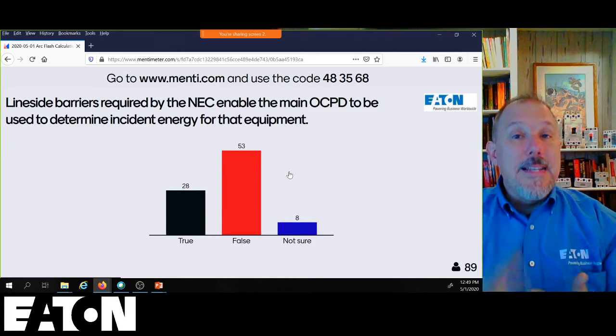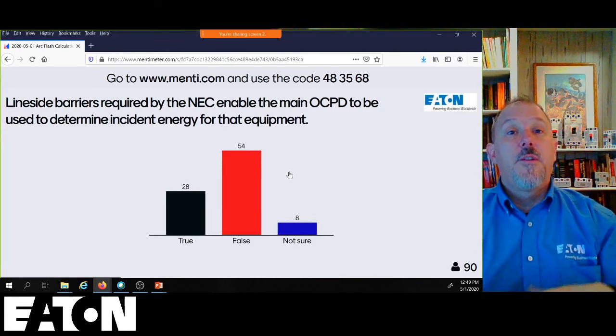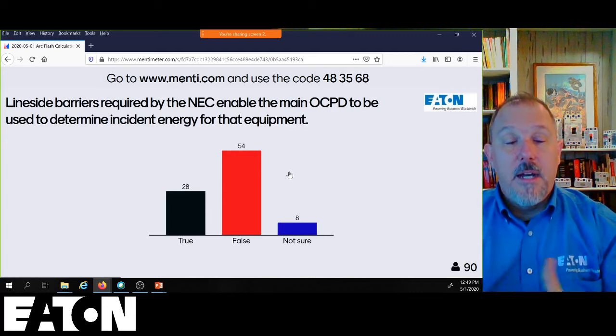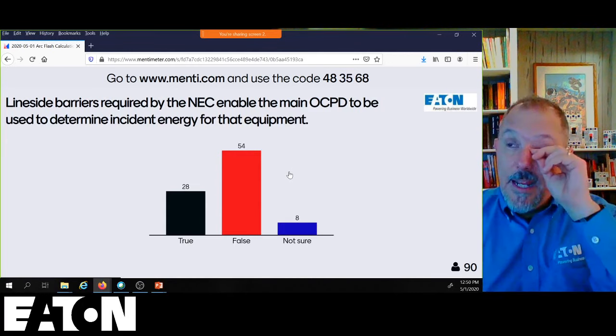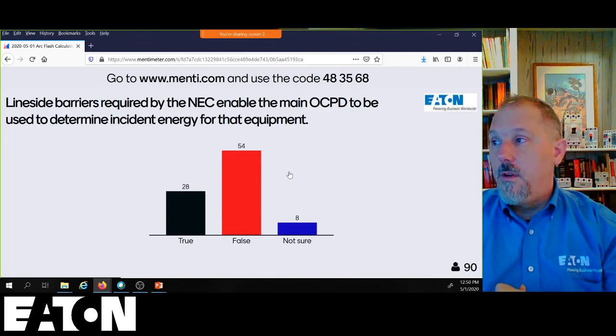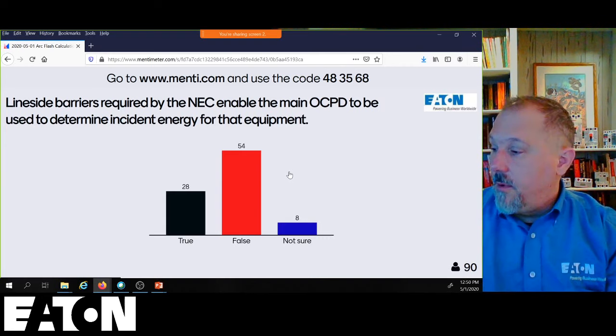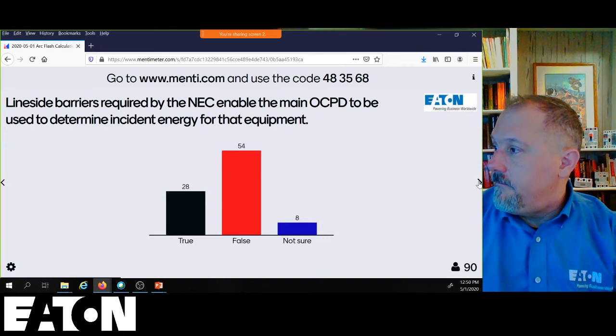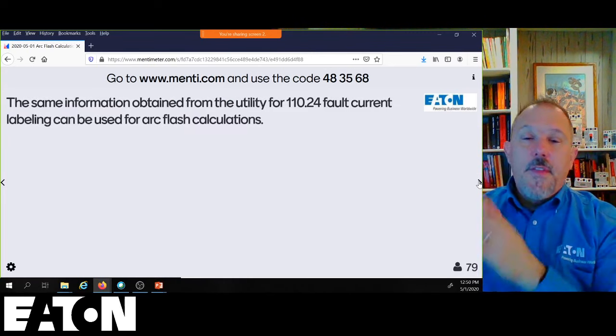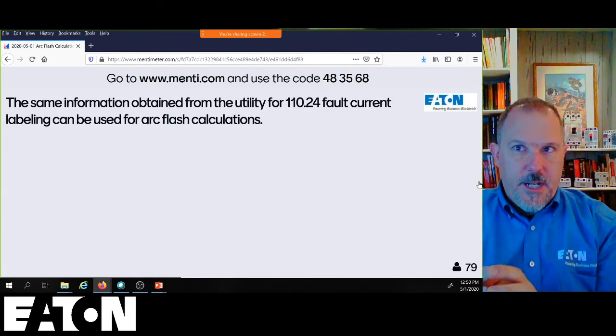Those barriers aren't listed and tested to prevent line side propagation. So in any case, 54 false, I would agree with those 54. That barrier is there for shock protection.